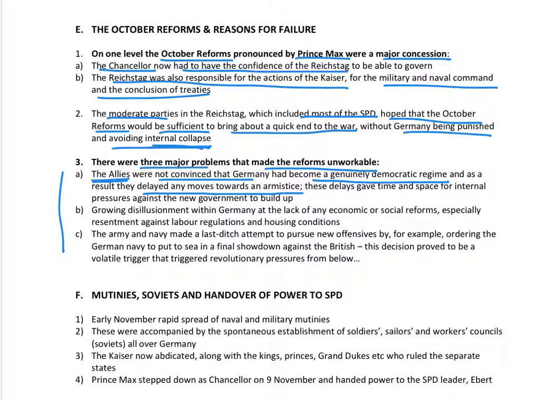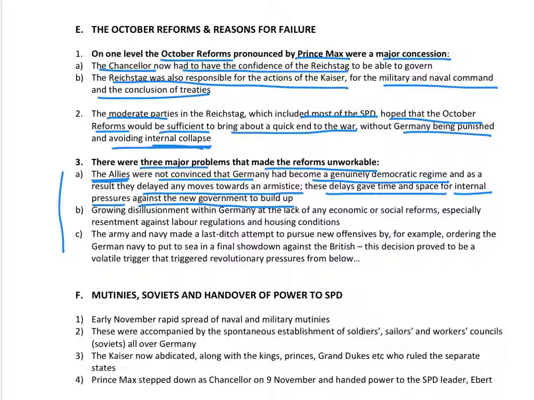Now, eventually that armistice was agreed on the 11th of November, but that 4 or 5 week delay gave time and space within Germany for the revolutionary groups to organise themselves, and for that internal pressure against the new government to continue to build up.